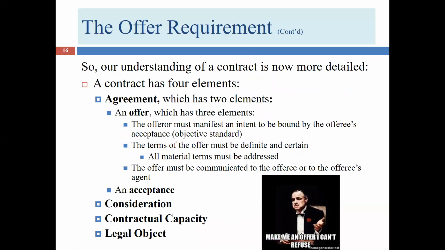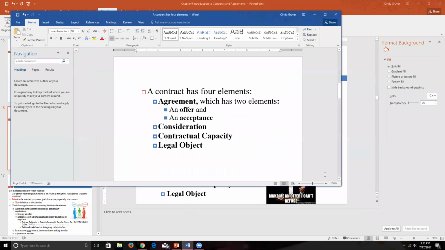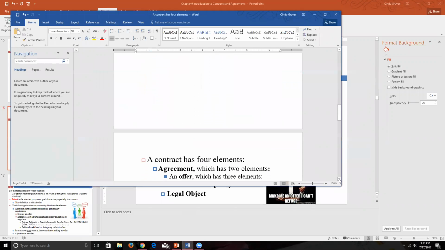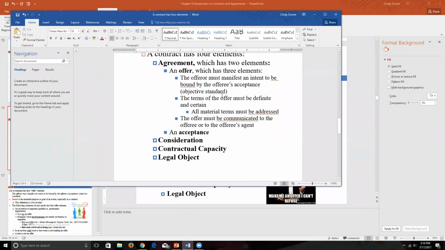So we have all of these elements in here. We now don't have just offer and acceptance under the title agreement, but we also have what we mean by offer. So let's flip on over for a second to our next slide. And we have all of these new items on here.